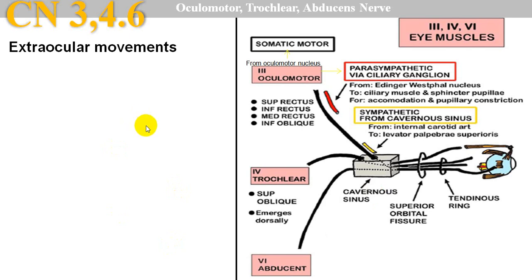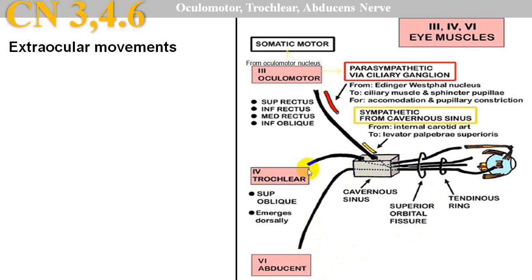In this single diagram we'll be showing you the supply by the oculomotor, trochlear and abducens. To make it very simple, after arising from the brainstem, the abducens nerve will pass through the cavernous sinus and superior orbital fissure, and it will supply only one muscle, the lateral rectus.